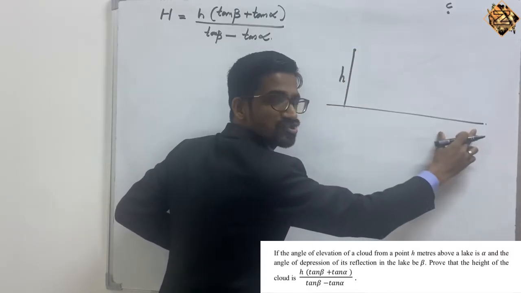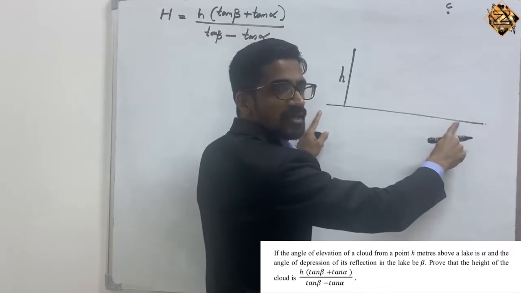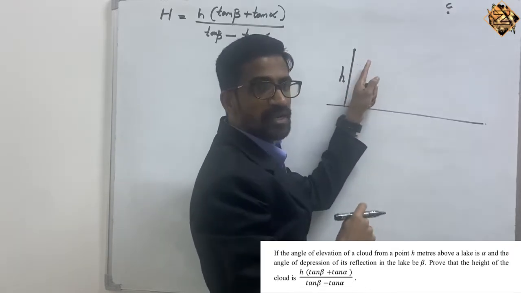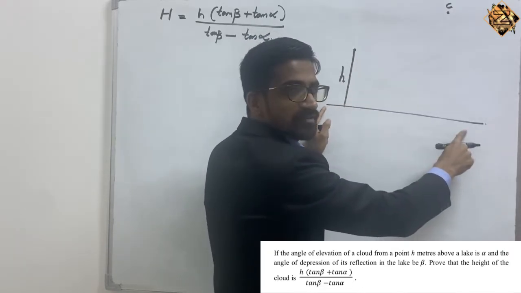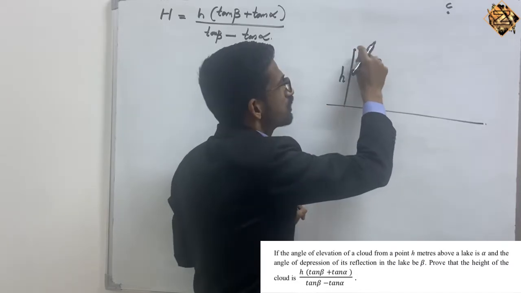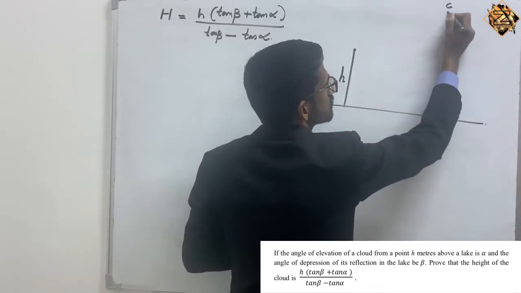This horizontal line is the lake. So from the lake, h meter above, a point we have considered. From this point the angle of elevation to the cloud is alpha.